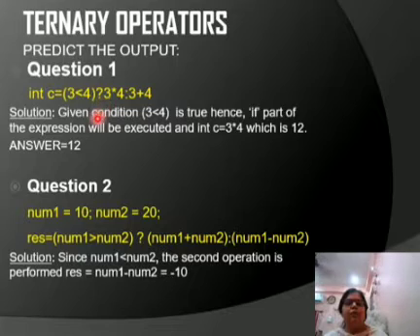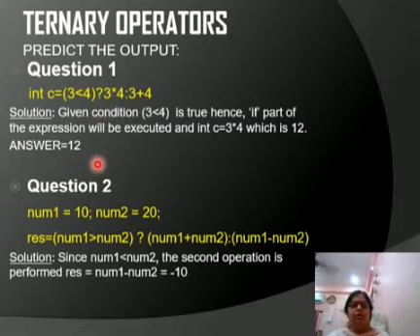So the solution will be: if the given condition, 3 is less than 4, is true, the if part of the expression will be executed, int c is 3 into 4, which is 12. So you are going to get your answer 12, meaning the part which is adjoining your ternary operator, the answer will come for that only.